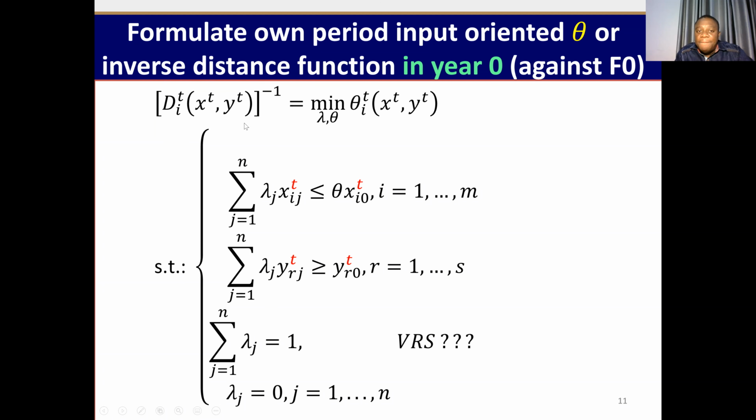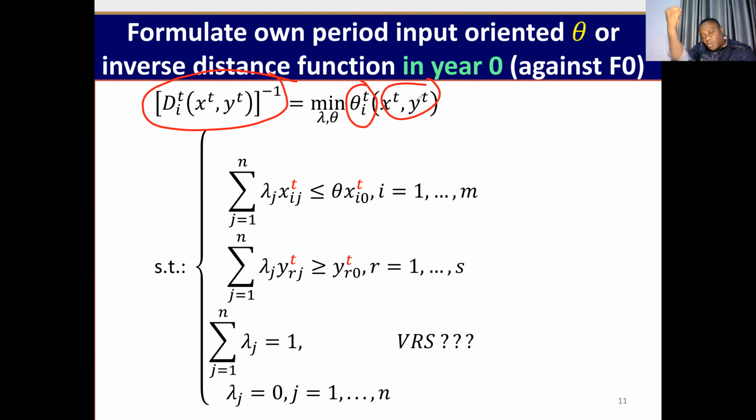So what this one is saying is that in order to have this answer, we should minimize the theta, which is the input-oriented efficiency score of a firm in year T relative to the frontier in year T. And this is an input orientation, so the I is indicating input orientation. The minimization, so we are going to multiply the theta by this one in that time period.